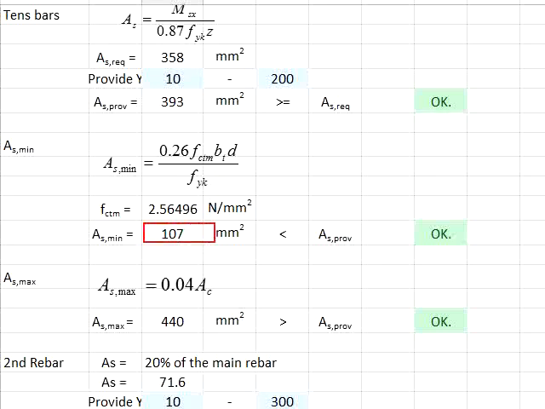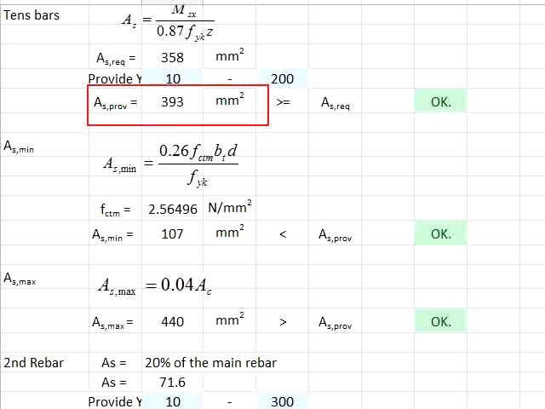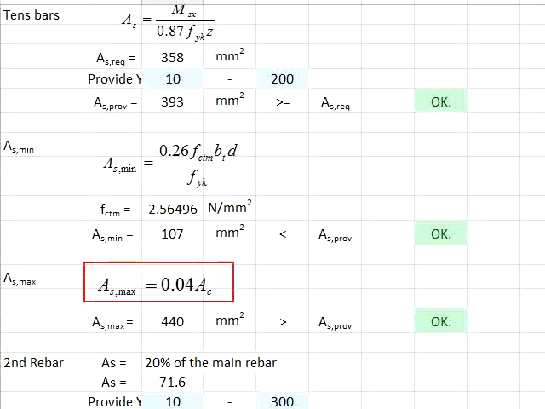Then you will acquire the minimum amount of reinforcement bar to be 107 mm². Compared with the amount of reinforcement bar provided, your provided reinforcement bar is now greater than the minimum required. Therefore, it is acceptable.